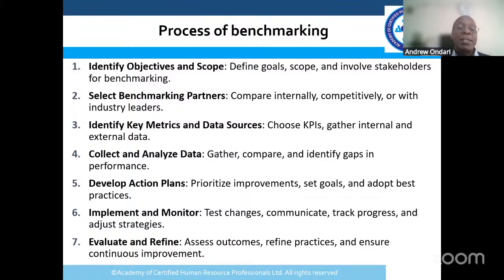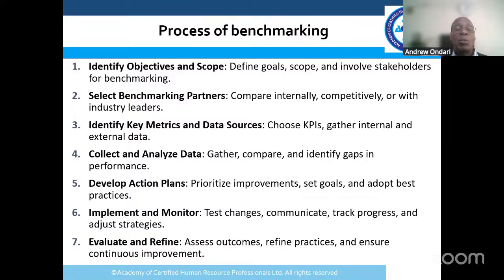When you benchmark, it is advisable that you select a representative number of partners. Why? Because if you select one partner, then you have no basis to compare that partner with others.